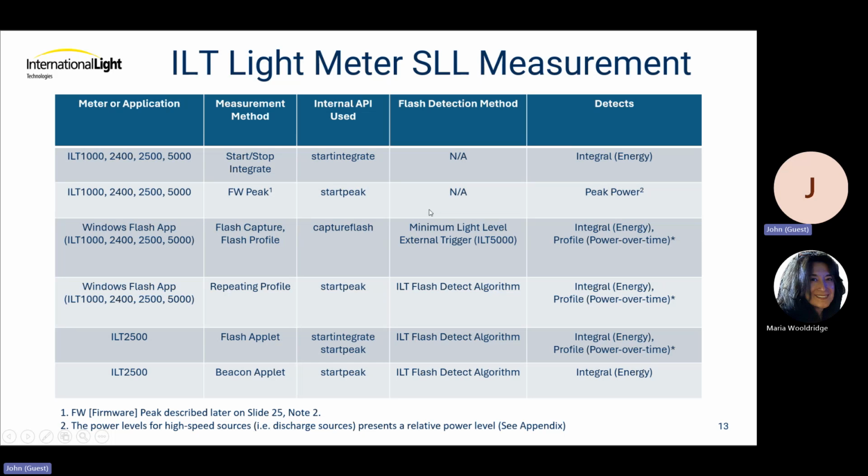And this slide here talks to the various meters or applications. We've got the ILT 1000, 2400, 2500, 5000. And we've got a variety of applications that are either embedded in the meter itself for the 2400, 2500, or they're a piece of software that runs on a computer or laptop for any of these meters. This is the measurement method. This is the internal API used.